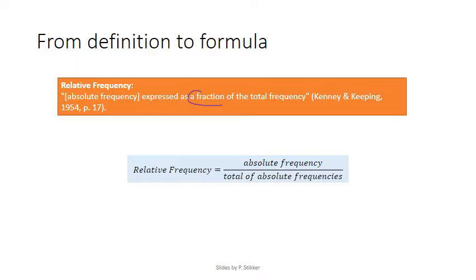As a fraction, that means that there should be some kind of division line, which we have up here, and it's a fraction of the absolute frequency, which is up here, as a fraction of the total frequency, which we have up here. So by definition, we can actually translate that into a text formula.